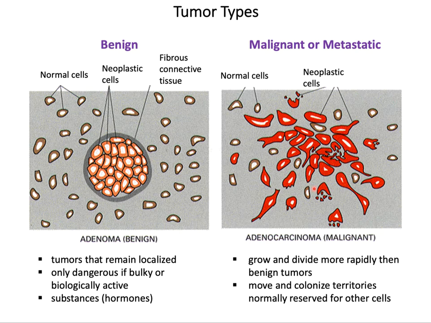So they are free to move and colonize other cells and other tissues and other organs, and usually they acquire the ability to become very motile. And in this case, a surgical removal of this mass of cells is usually accompanied by some kind of chemotherapy in order to try to kill these kinds of cells. And we will talk a little bit about that at the end of this topic.